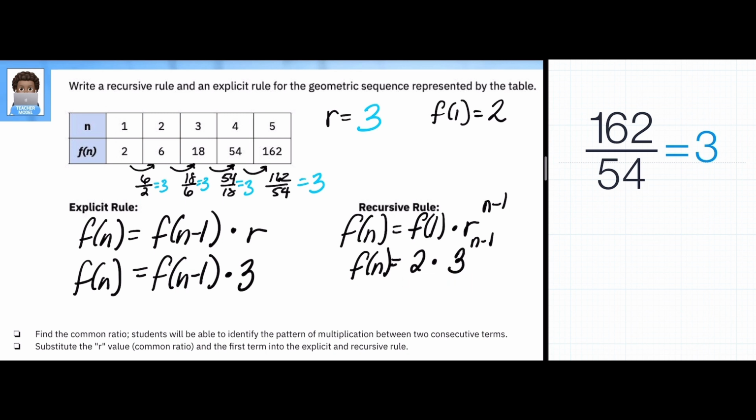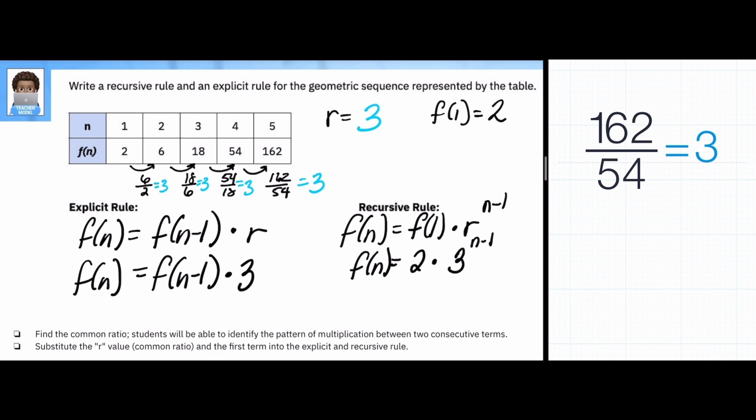It also can't happen because these are different bases. Now, what if it was 3 times 3 to the n minus 1? Could that work? Yes. If that was the case, then we could have just combined them and actually gotten 3 times 3 would have been 9 to the n minus 1. So we'll talk more about those a little bit later, but I hope you found this really helpful.